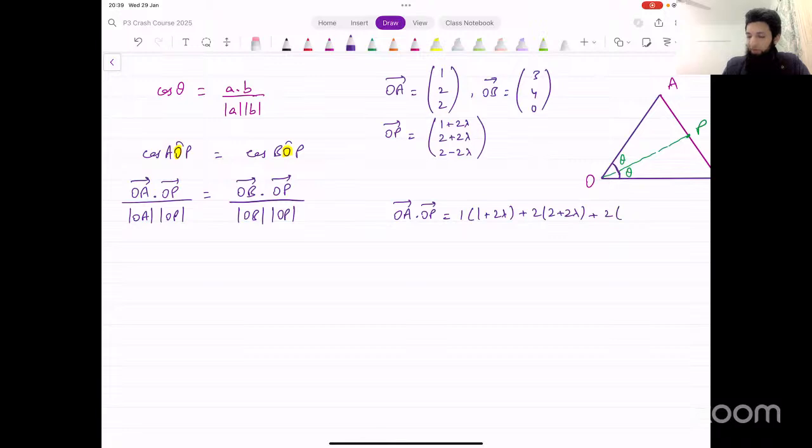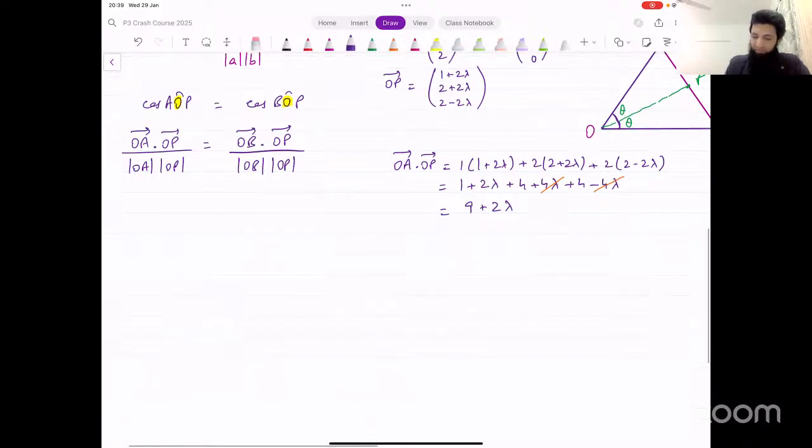And then finally, we have 2 into 2 minus 2 lambda. Let's simplify everything, and that gives us 1 plus 2 lambda plus 4 plus 4 lambda plus 4 minus 4 lambda. Now, 4 lambda and 4 lambda get cancelled, and we are left with 9 plus 2 lambda. Okay? Look out for any careless errors, if there are any.